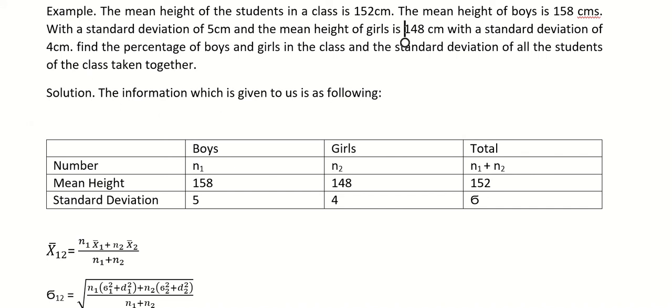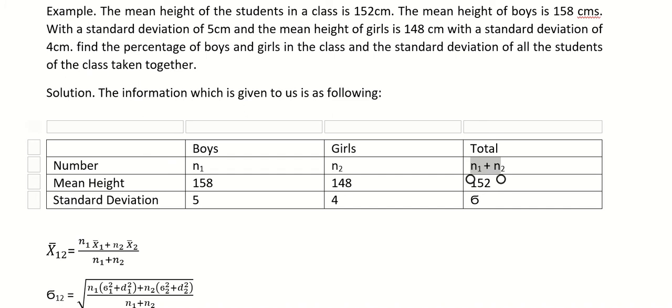Here you can see 148 is the mean height and the standard deviation is 4. So here the combined standard deviation is also not given to us. The values which are not given to us are the combined standard deviation and the number of boys and girls, n1 and n2.